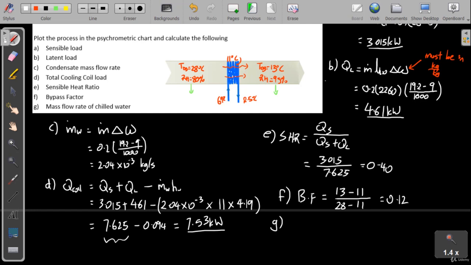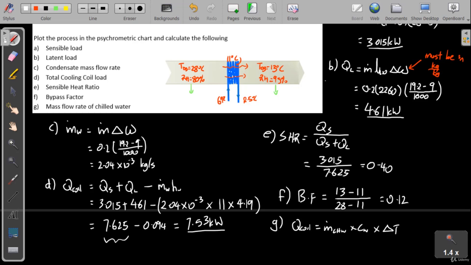So cooling coil load, as we have calculated just now, is 7.53. Alright, so Q coil is equal to the mass flow rate of chilled water multiplied by heat capacity of water multiplied by delta T of the water temperature.